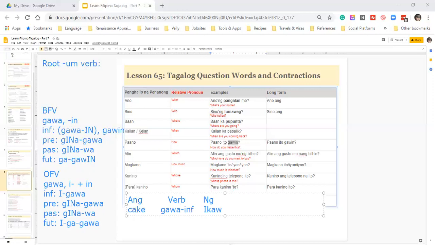Basically, your sentence would mean it's an imperative: you make me a cake. Your nang case, sorry, is ako, and make me a cake.